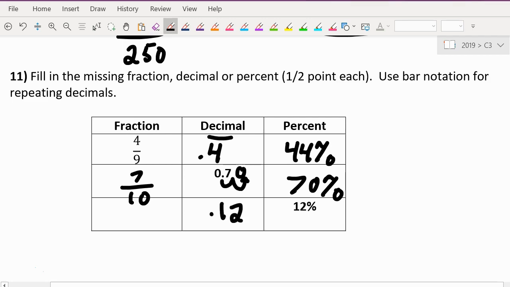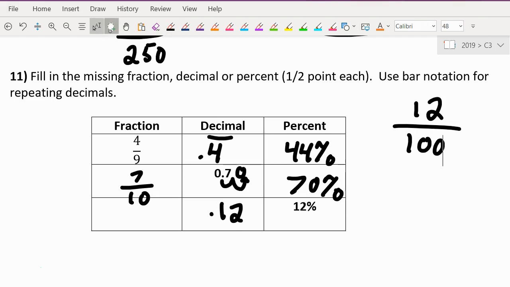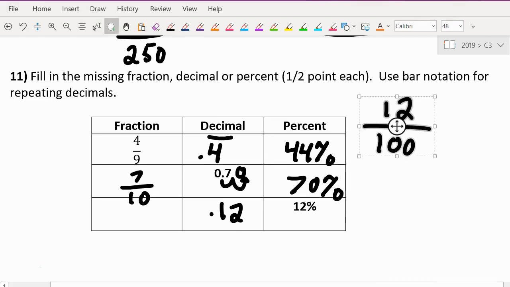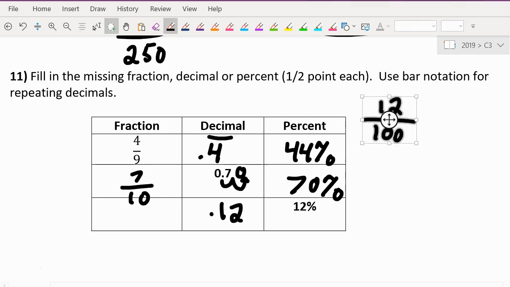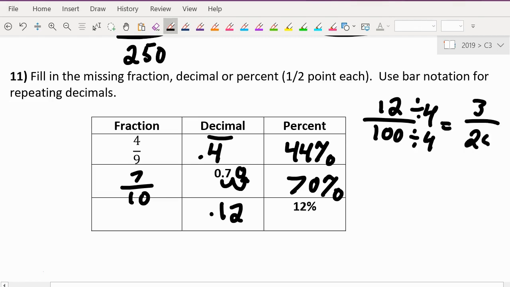And then we need to reduce that 12 hundredths. So we can divide that by at least 4. 6? No, because 6 doesn't go into 100. So let's divide them both by 4. Okay, we have 3/25. I think that's the answer. Done.